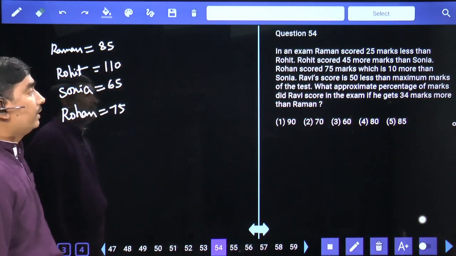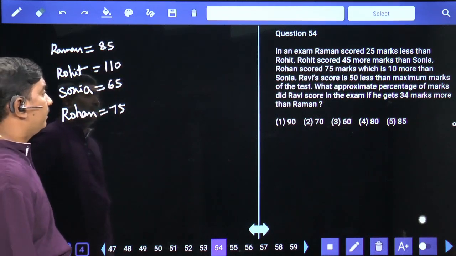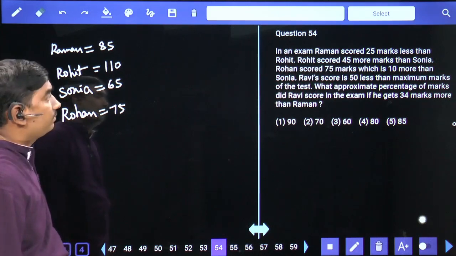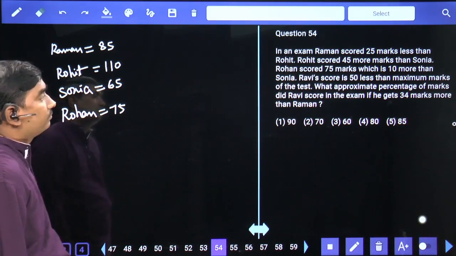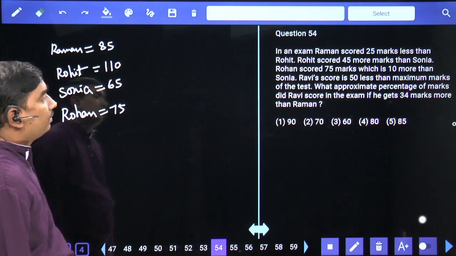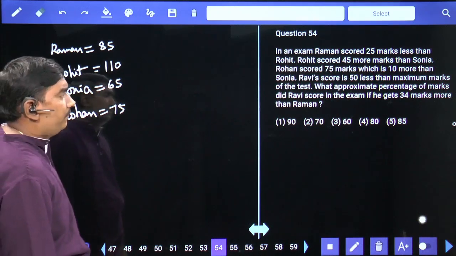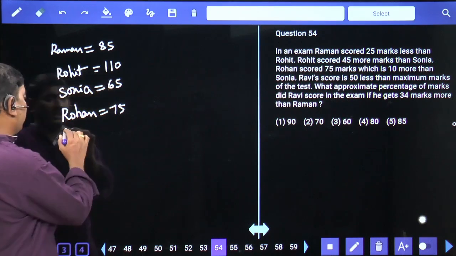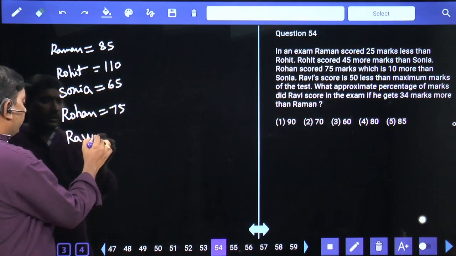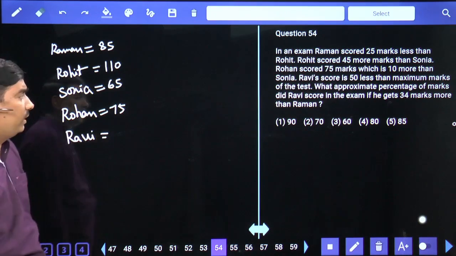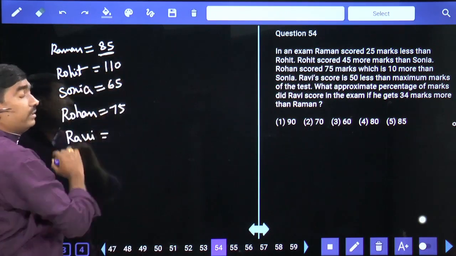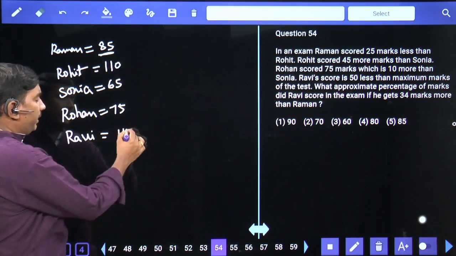Next. Ravi's score is 50 lesser than the maximum marks of the test. What approximate percentage of the marks did Ravi score in the exam if he gets 34 marks more than Raman? Raman 85, 34 extra means 119.